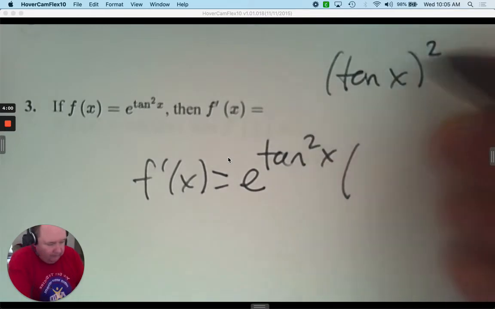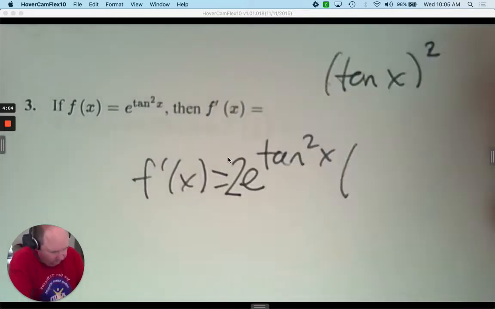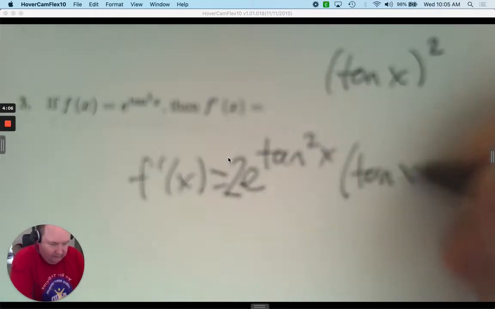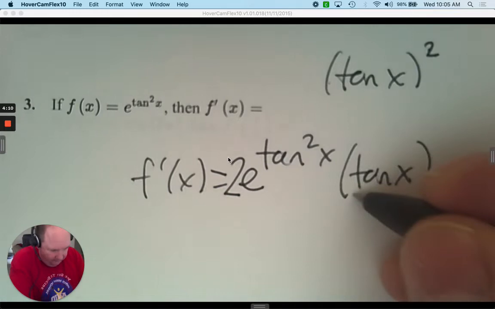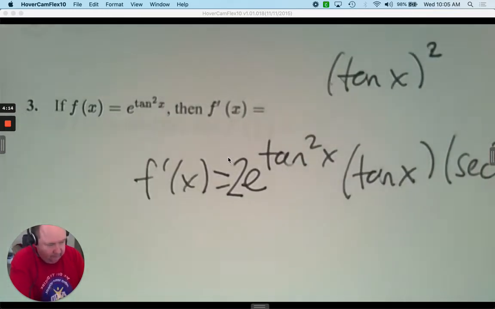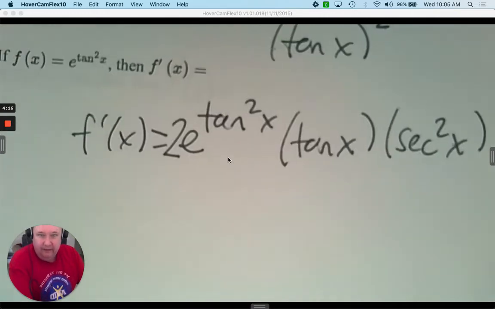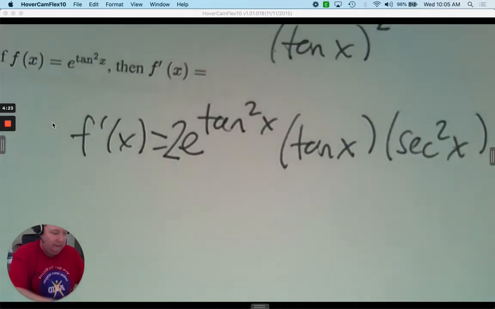The derivative of that would be 2 times 1 in front, that's a 2. Then tangent x, subtract 1 from the exponent, that's 1. And then the derivative of tangent is secant squared. So I got 2 e to the tangent squared, then tangent x, and then secant squared.